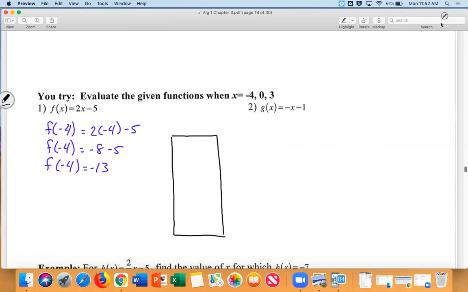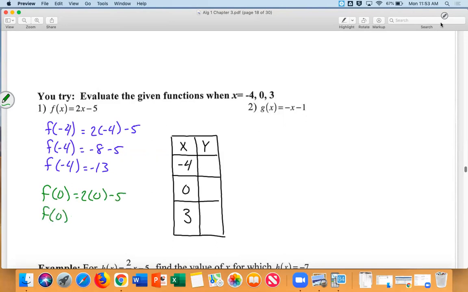Everybody hit that Y equals, go to 2x minus 5. And these are the numbers they want to know: negative 4, 0, and 3. Go to negative 4 on your table. Do you get negative 13? Go to 0 on your table. Do you get negative 5?